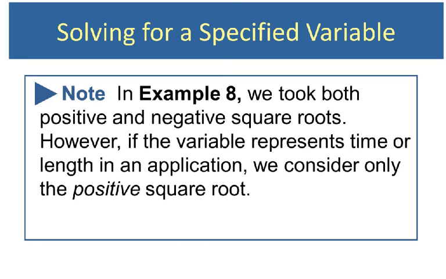Since there is no such thing as a negative length or negative time, we'll only need the positive side of the square root, and we won't worry about the negative at all. That's the only case where we won't be worried about the negative portion.